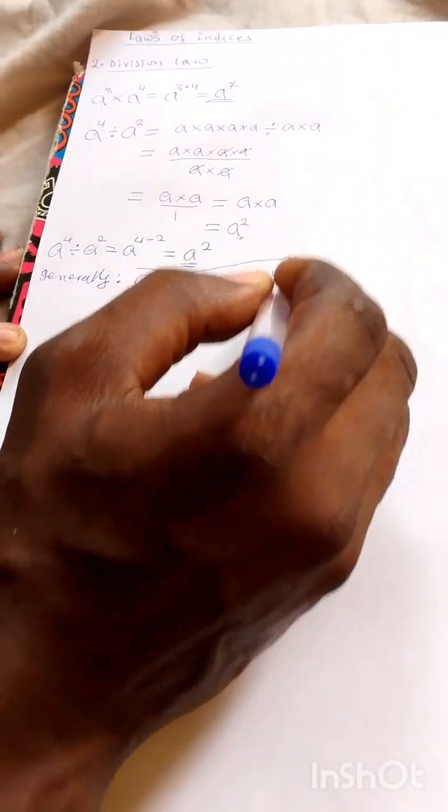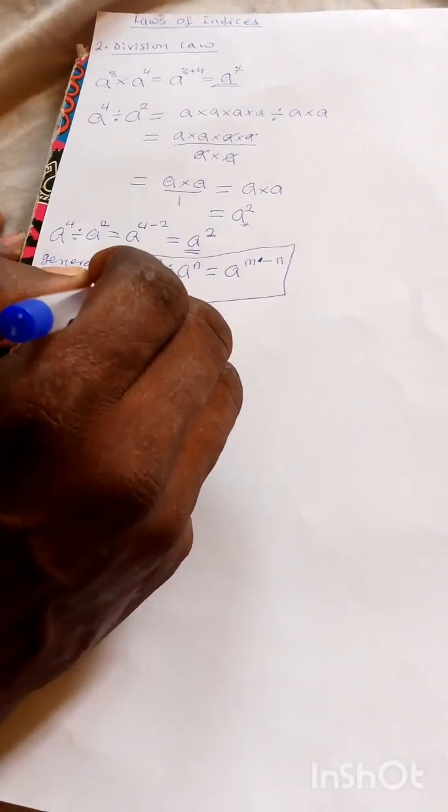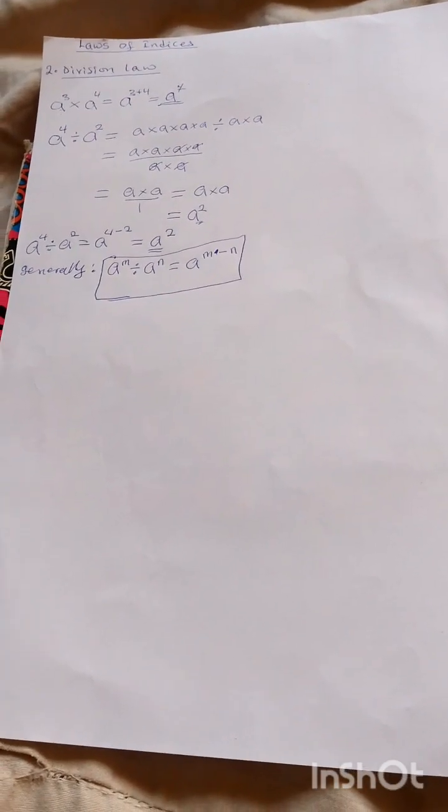Now this is the second law of indices, or the division law of indices. Let's quickly run one example with this second law of indices.